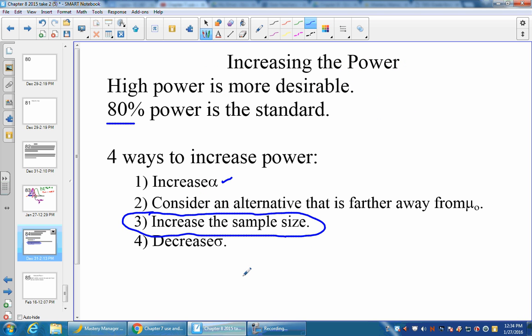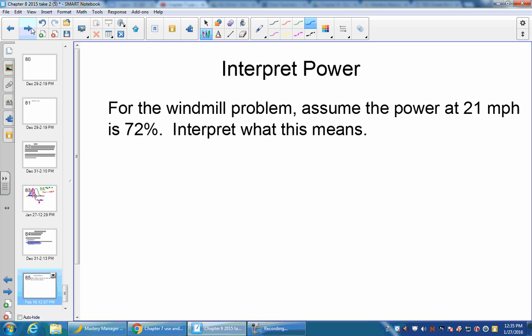And finally, you can decrease the standard deviation of the population. I have no idea how you can actually do this because sigma is usually set by the data itself. But the main thing to look at is that when you increase sample size, that increases power. Also, increasing your alpha level.